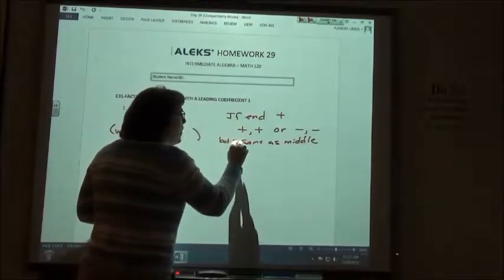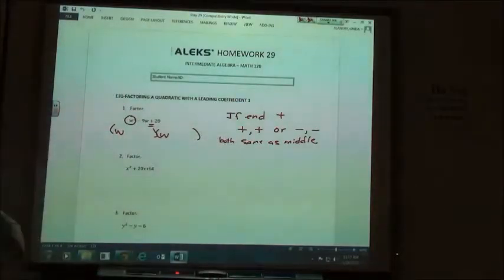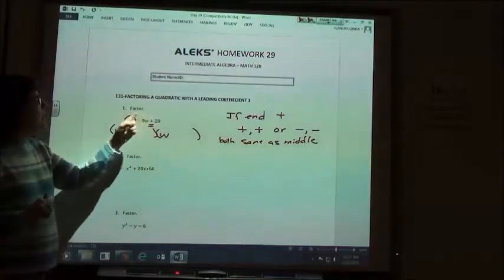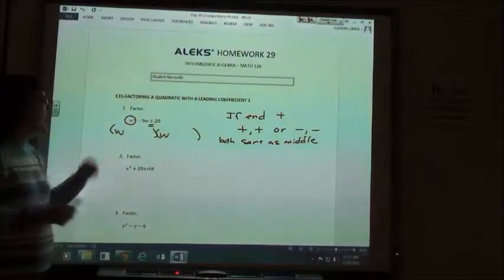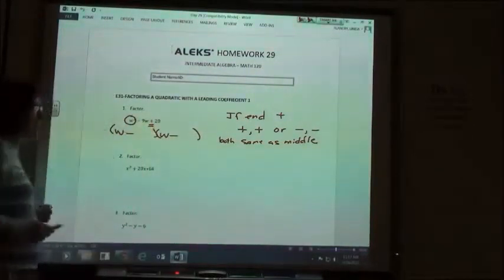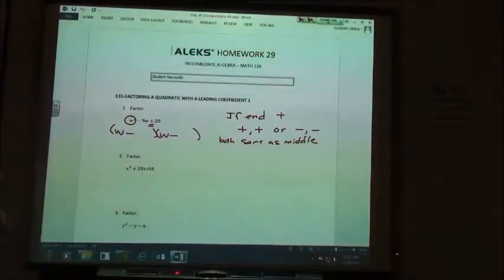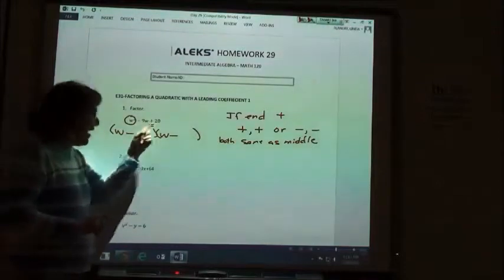Both of them will be the same as the middle, because they're both either positive or both negative. So what I do when this is positive is I look at my middle sign. It's a negative, so I know that a negative times a negative gave me that positive, but still added up to the negative in the middle. Then what I'm going to do is factor the end number.